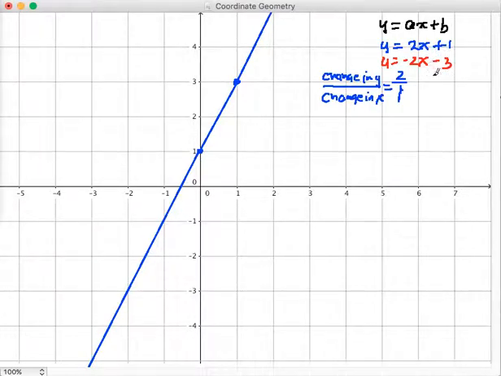Here, the y-intercept is negative 3. Ibig sabihin dadaan siya dito. And again, pag negative yung slope natin, ang isang clue natin is pababa yung line. So, ibig sabihin, dadaan siya dito at the same time, pababa.